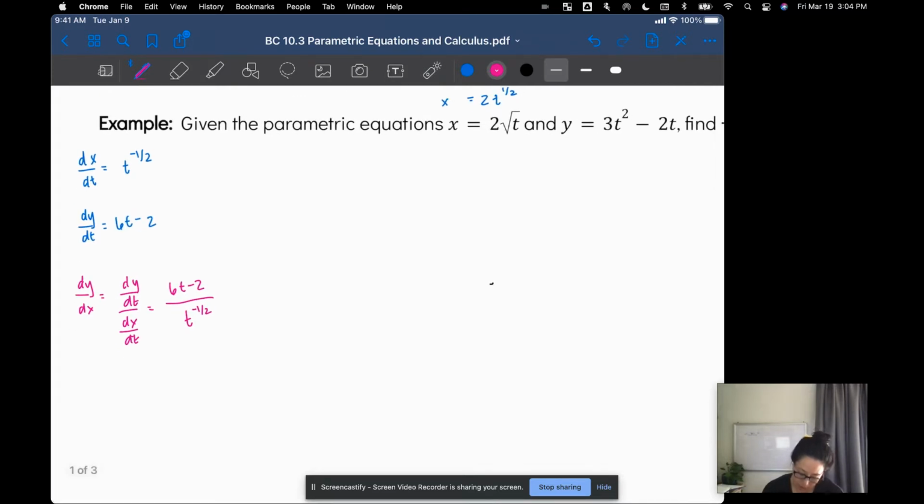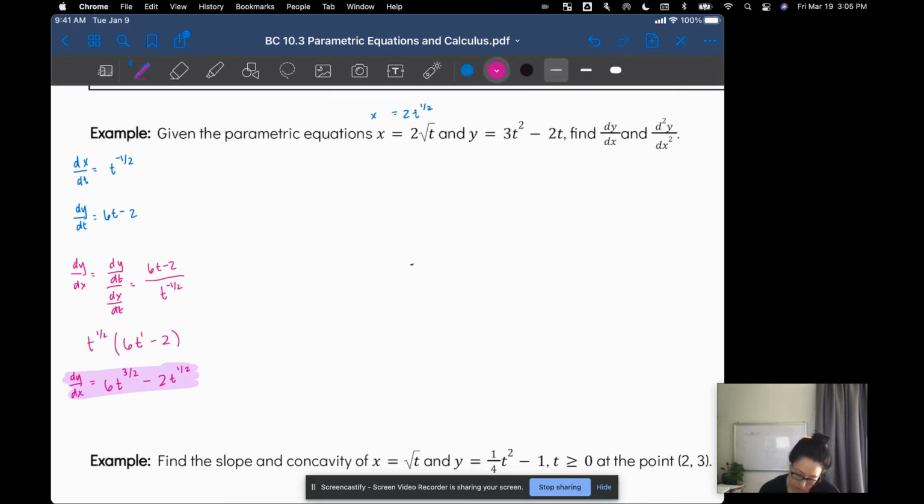Then I'm going to rewrite this as t to the 1/2 times 6t minus 2, which is 6. We add the exponents to give me 6t to the 3/2 minus 2t to the 1/2. That is my first derivative, dy/dx. Our equation is still written in terms of t.